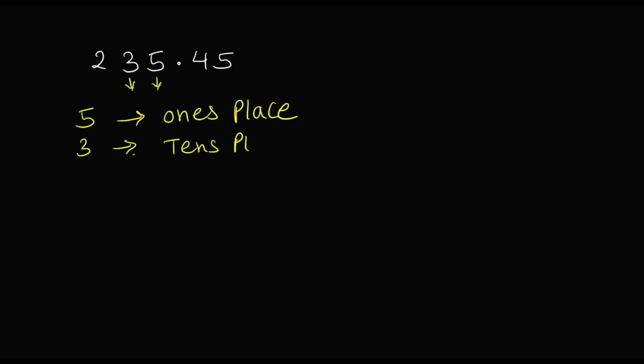So here, first we will take the numbers before the decimal. 5 represents the ones place. This 2 represents the tens place. This 3 represents the hundreds place.